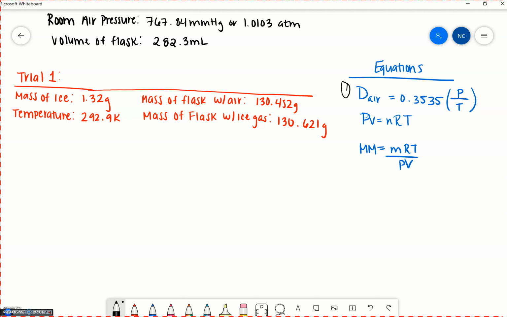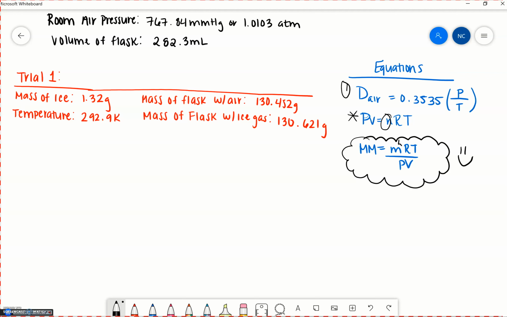Once you find the mass of the ice gas, you can plug it into the ideal gas law equation to find the molar mass. Although you are not going to use this equation because you do not know what substance you have, so you cannot find the moles. So instead, you're going to use this equation. It will be a lot easier.